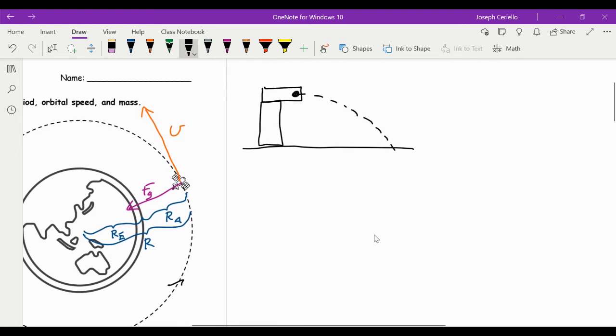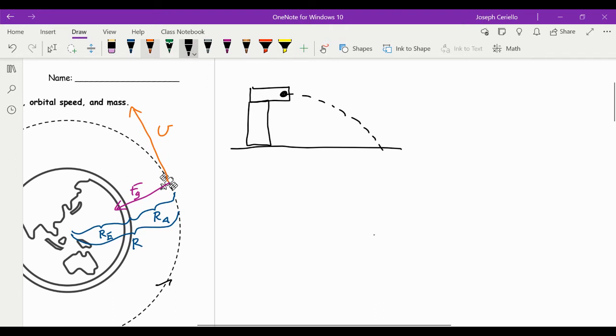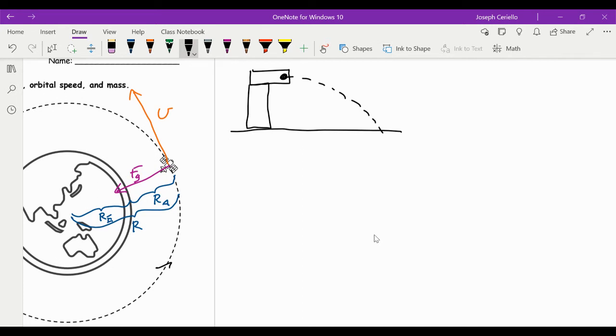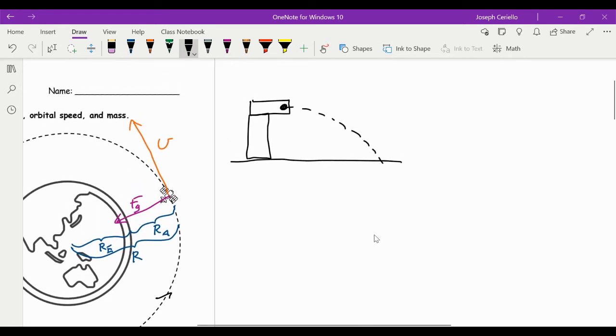Now I'm going to repeat this. But now I'm going to have a really big cannonball. So let's say now the curvature of the Earth is not negligible. Well, actually, we'll get to that soon. So let's say I fire the cannonball a little bit faster. It's going to do something like this. And if I fire it even faster, it's going to go even farther.